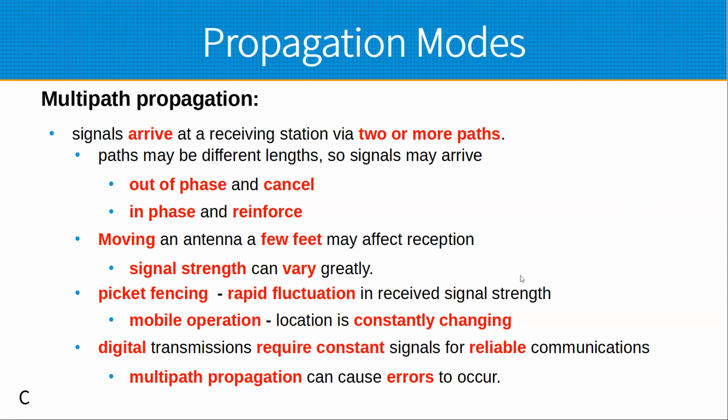Usually you see that if you're mobile in a car. And because you're getting multiple things, it'll kind of sound like you're going by a picket fence, choppy, because it comes and goes and comes and goes. When you're doing digital transmissions, they don't work well in those conditions, because in digital, you either have the full signal or no signal.